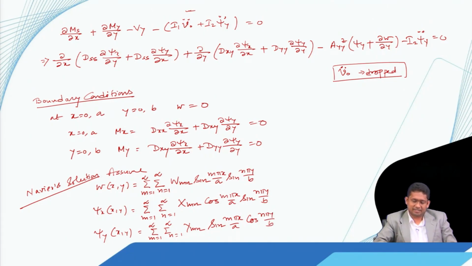So, we can see that if I substitute these assumptions in the boundary conditions, they satisfy both essential and natural boundary conditions.